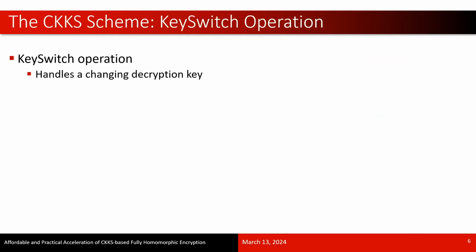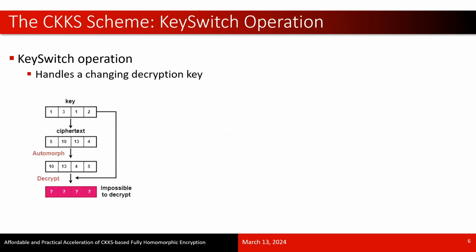Next is the key switch operation, which is a critical operation and the most expensive one as well. A simplistic way to look at the key switch operation is as follows. If we have a ciphertext that is generated using the key mentioned here, when we rotate the ciphertext by 1 and try to perform the decryption operation, we cannot decrypt the ciphertext using the same key that was used for encryption, because we have rotated the underlying plain text slots in the ciphertext.